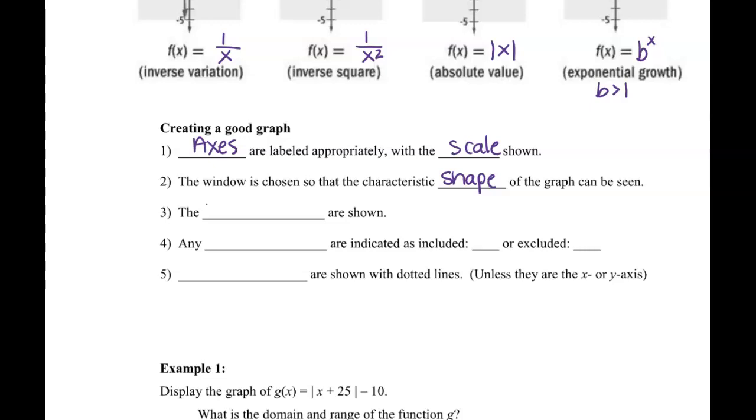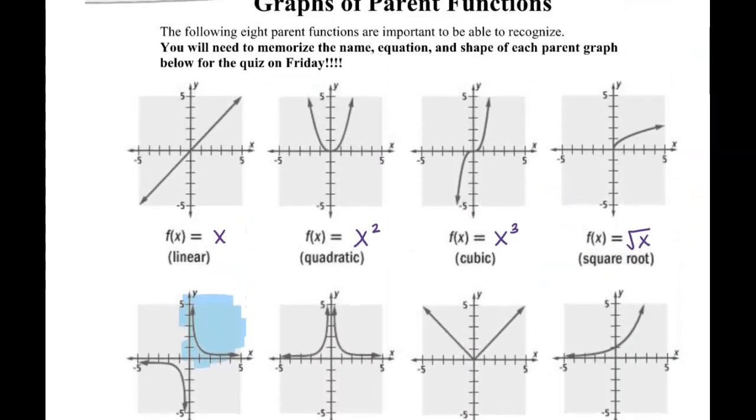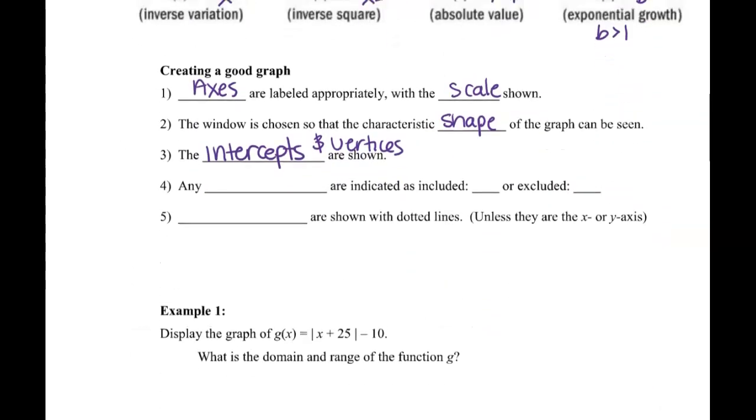The intercepts and vertices are shown. So x and y intercepts where the graph crosses the x and y axes, and also the vertices. Vertices meaning like for x squared, for example, you probably wouldn't just show like this part, right? You'd probably want to show that point down there. That's what I'm talking about with vertices.